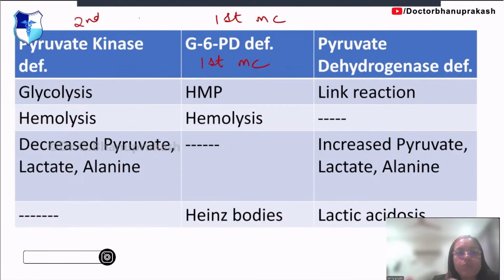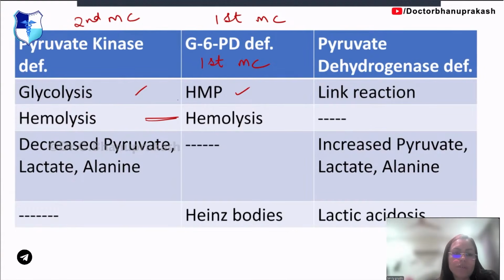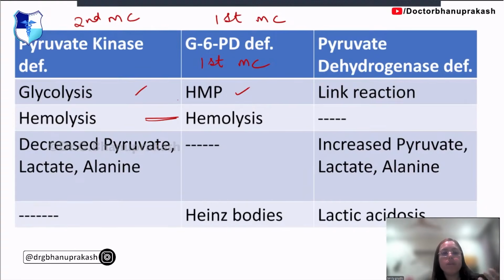Second most common is pyruvate kinase. So let's do these first two. You know that pyruvate kinase is an enzyme of glycolysis. G6PD is an enzyme of HMP. Both have hemolysis. Okay, in both cases, hemolysis occurs. So, see, both are very common, both have hemolysis.